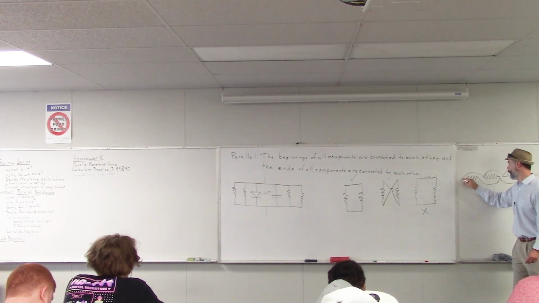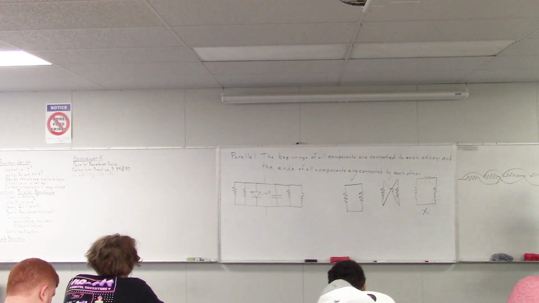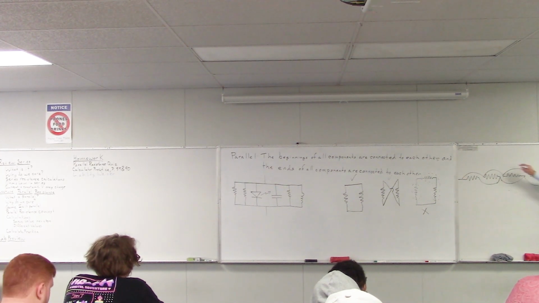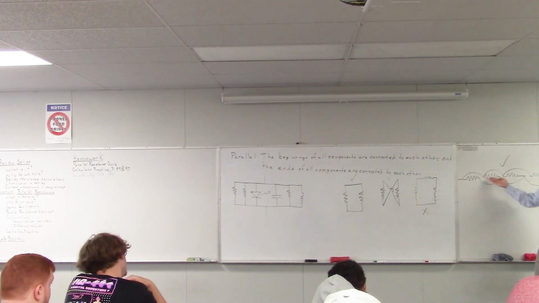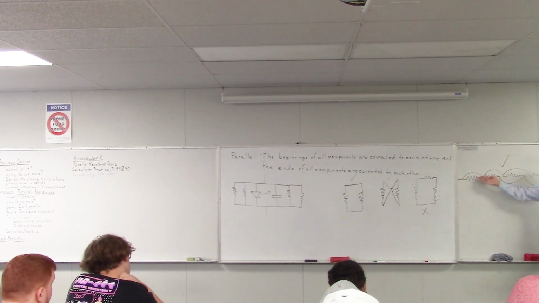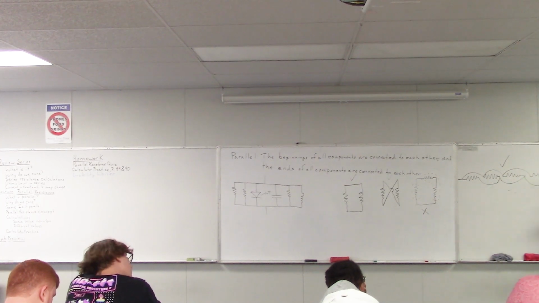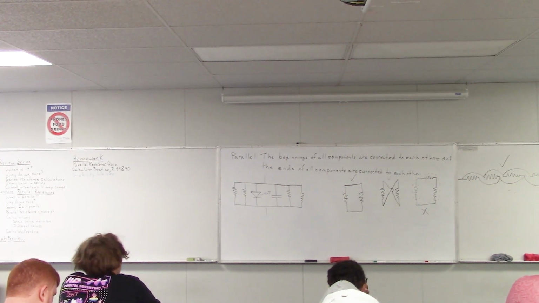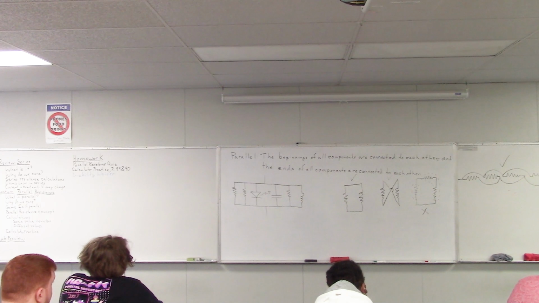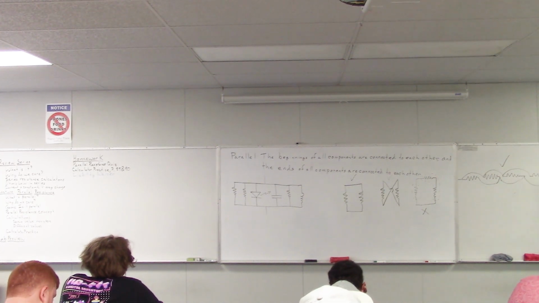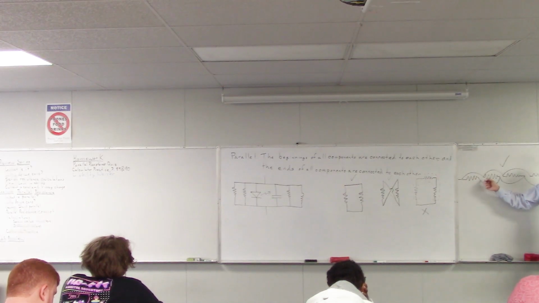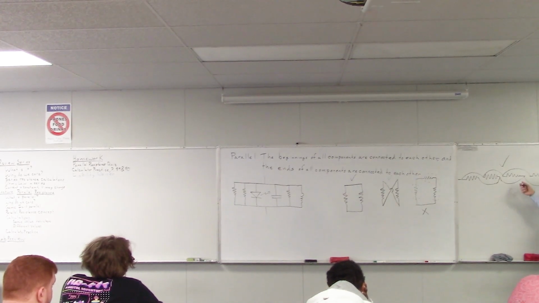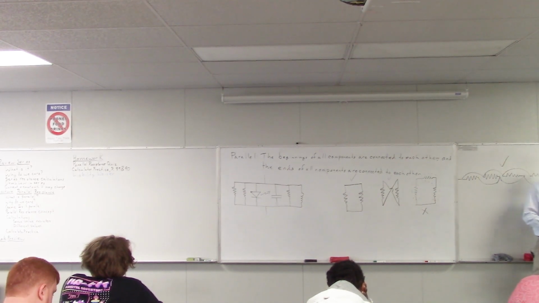All right. Could you say that these resistors are in parallel? Yeah, they are, because the beginning of all of the resistors are connected to each other, and the ends of all of the resistors are connected to each other. So even though the resistors are laid out in a line, and that's kind of the way we think about series, these are actually in parallel because they fit that definition.